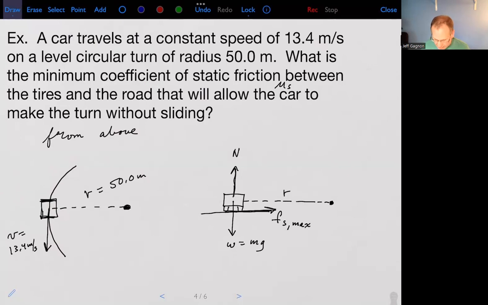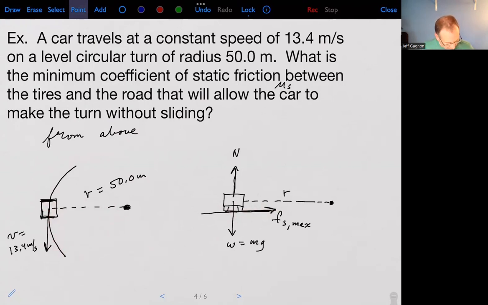We want it to be the maximum. What's the maximum static frictional force we can apply to the car so it continues to move in the circle at that speed, at that radius? Does that make sense? So this max static frictional force is what allows this car to move in a circle. That's the same as the centripetal force acting towards the center that allows it to move in a circle.